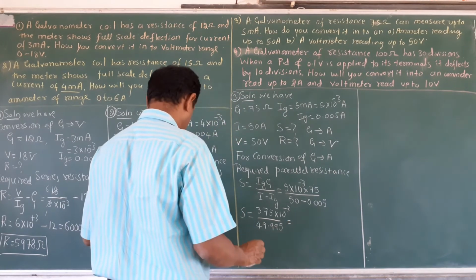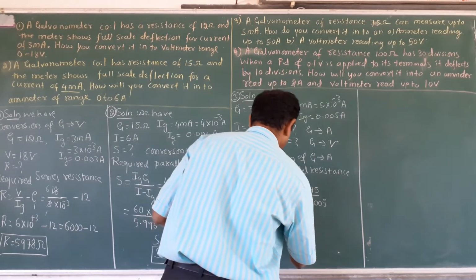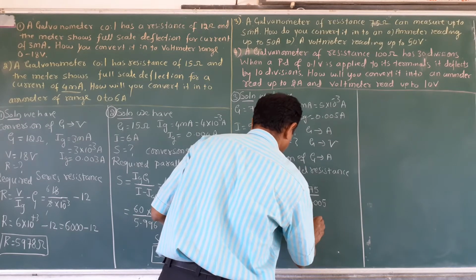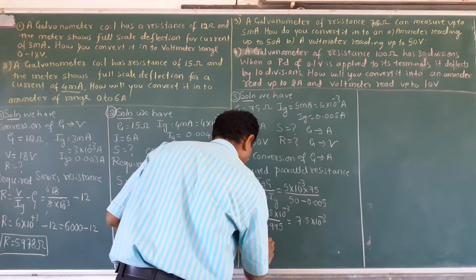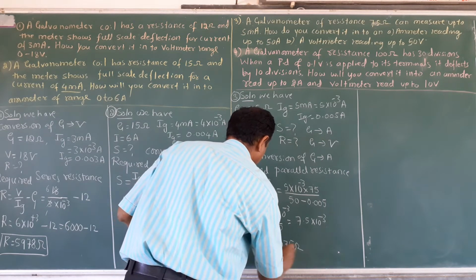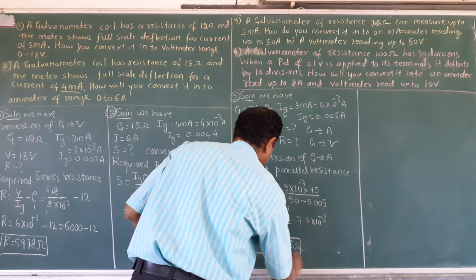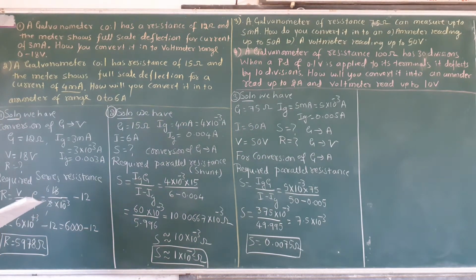You calculate, the answer you get is 7.5 into 10 to the power of minus 3. This is S is equal to 0.0075 ohm. This is the S value for conversion of galvanometer into ammeter.